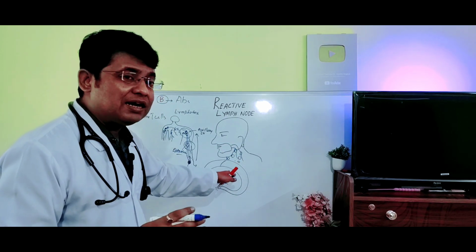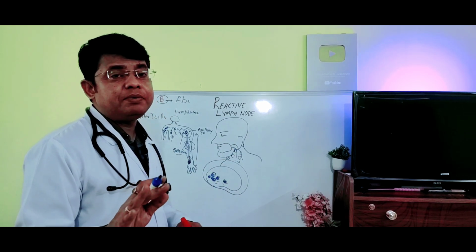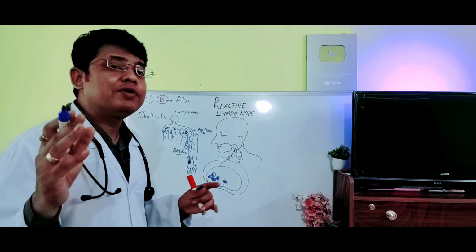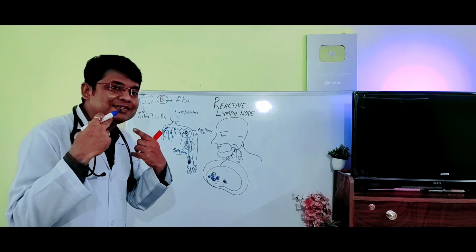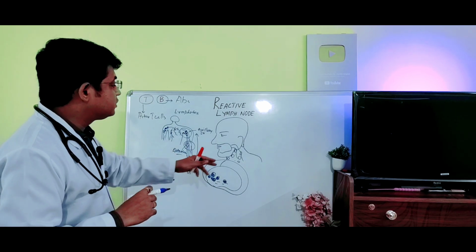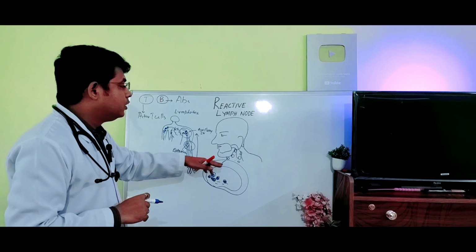nodes are enlarged. It may be enlarged due to infection in the gum, or there may be presence of caries tooth. Okay, there may be infection in the sinuses. That can also cause enlargement of the lymph nodes in the neck region.